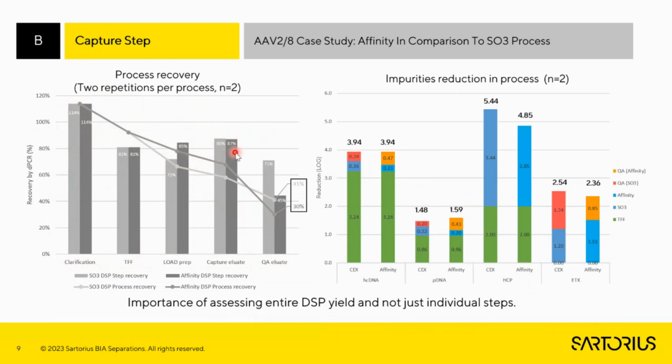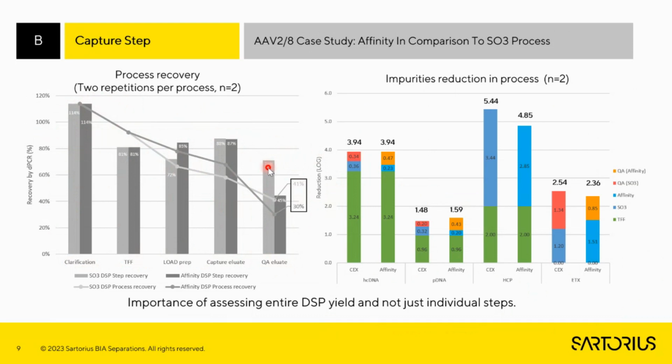Regarding the capture eluate, they were both comparable in process recoveries. But one thing that I really want to emphasize here, and it's a take-away message from this presentation, is that we should look holistically, from start to end, because here is really where the majority of differences occur.